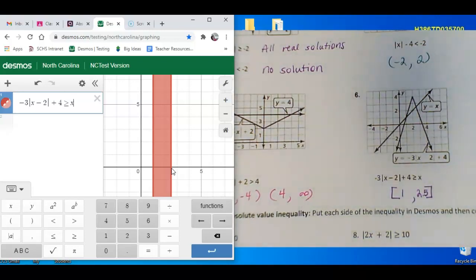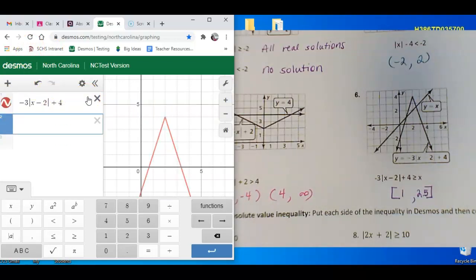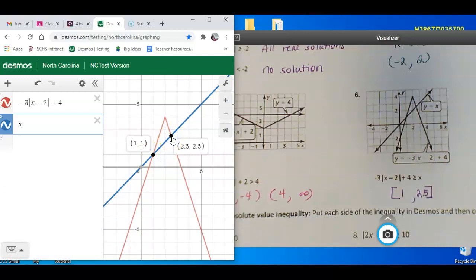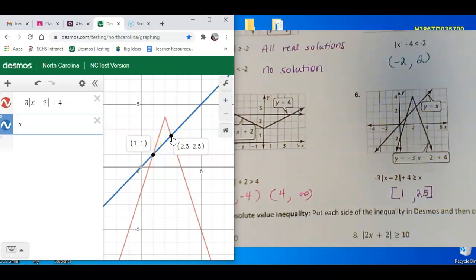If it gets like that and you can't tell for sure if 2.5 is the correct answer or what the decimal should be, you might need to graph both pieces. Like there's one side, there's the other side. When you find those intersections, that'll tell you for sure what those are.